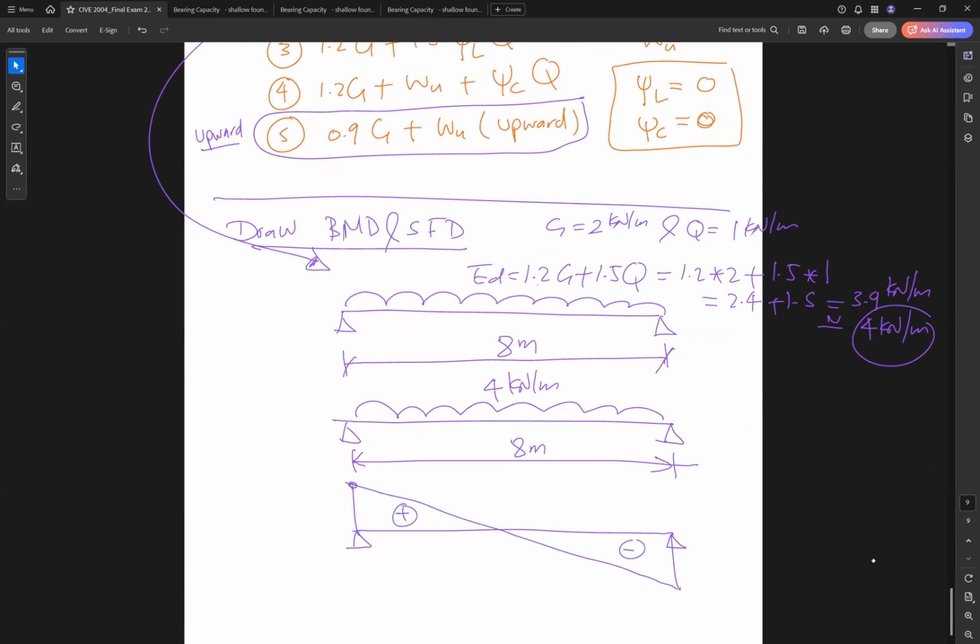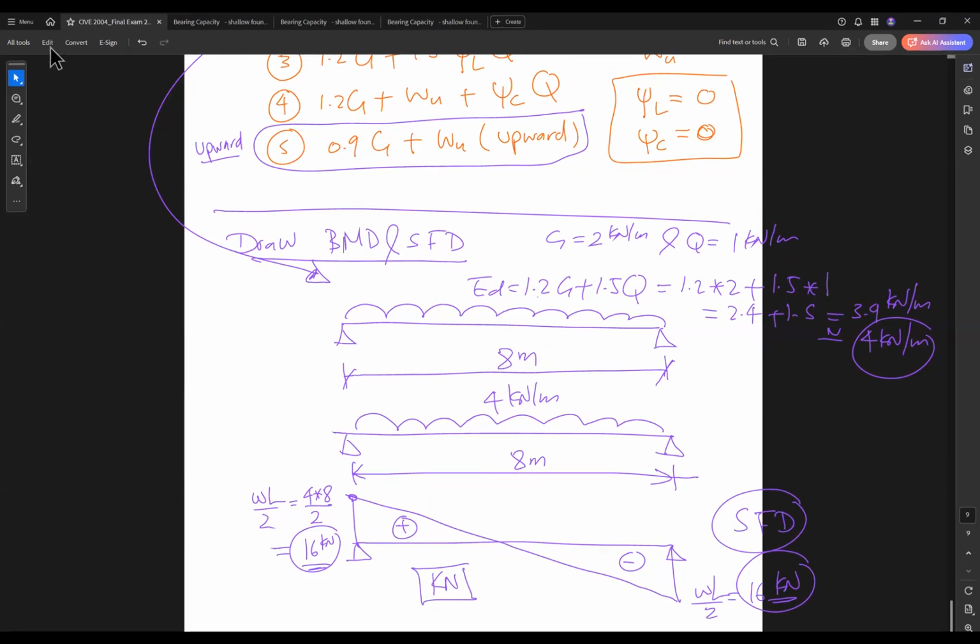How much is this value? WL over 2. WL over 2 is 4 times 8 divided by 2, so the value of shear will be 16 kilonewton. Can you focus on the unit because the unit is important? This is our shear force diagram. The unit of shear force is kilonewton.